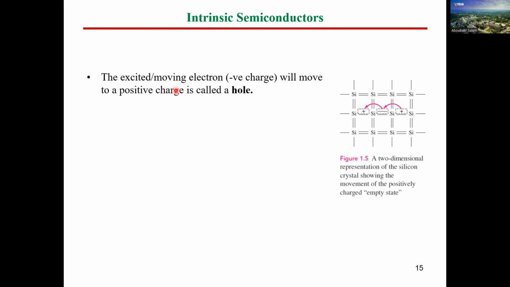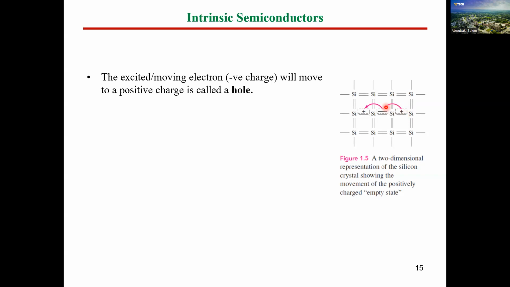The excited moving electrons, which are the negative charge, will move to a positive charge, which is called a hole. So once you give some energy to the electrons inside the silicon crystal, this means some electrons will start to move, but move to where? An electron is a negative charge.